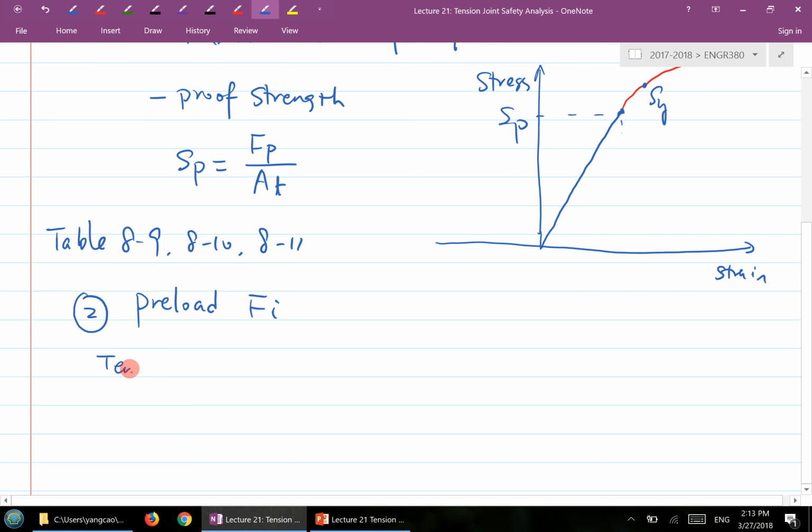Properly, the definition is the tensile load that stretches the bolt by tightening the nut.